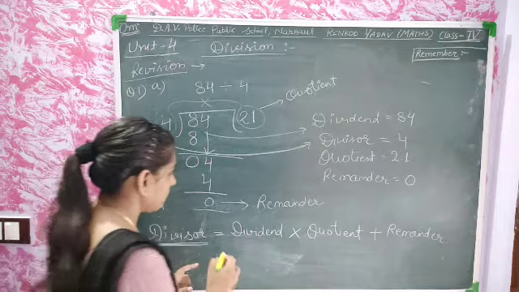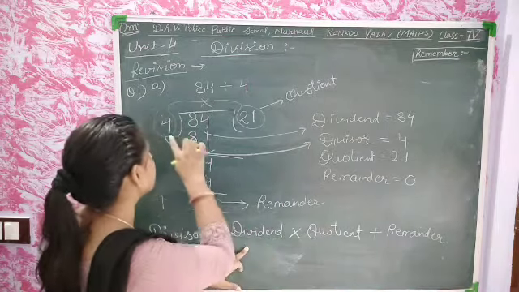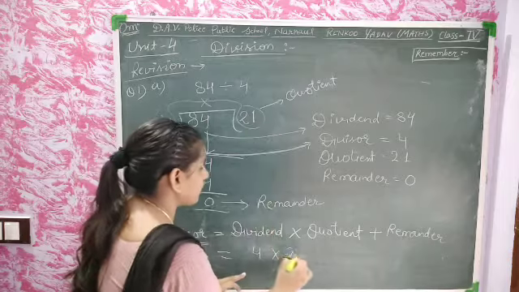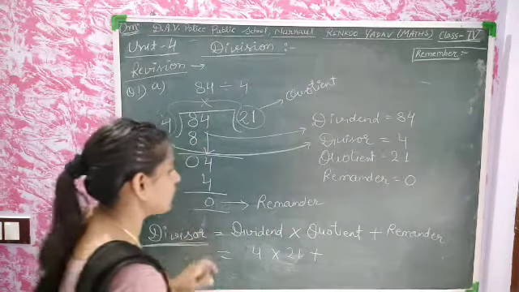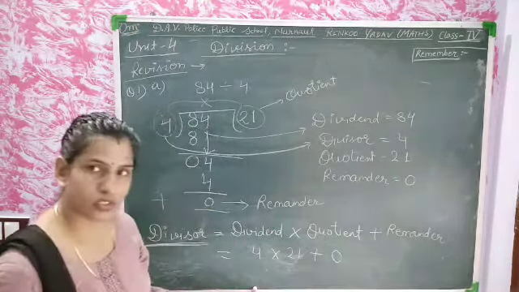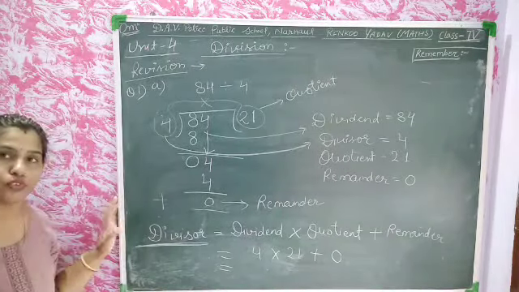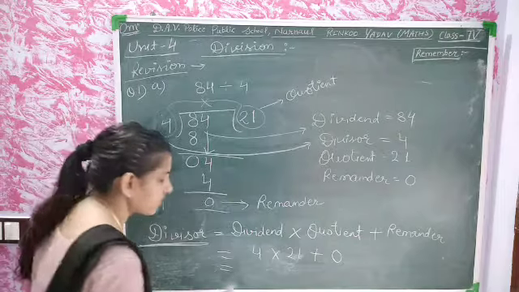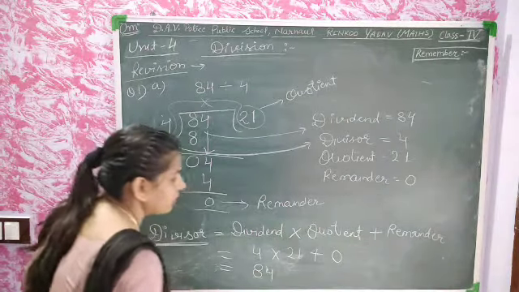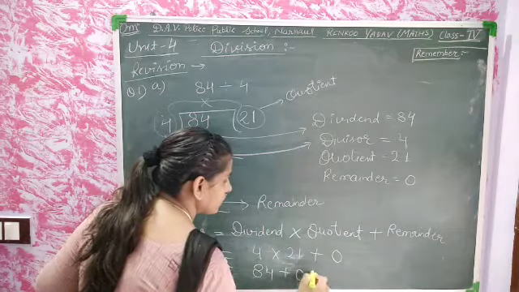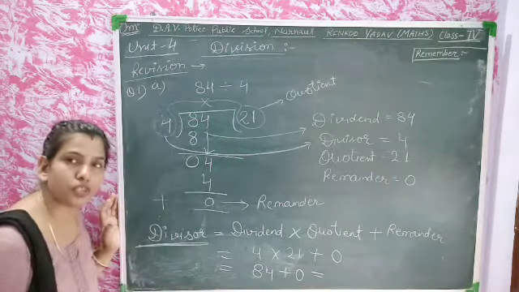Let's see there. The divisor is 4 and the quotient is 21, and plus what is the remainder here? That is 0. Okay, now 4 into 21. 21 fours are 84. 84 plus 0.